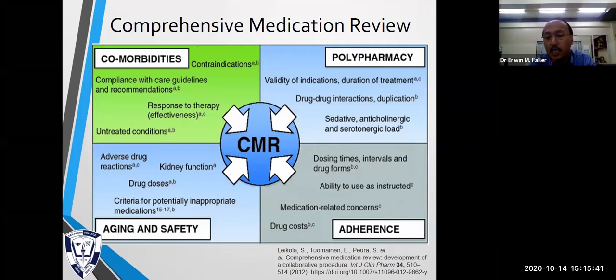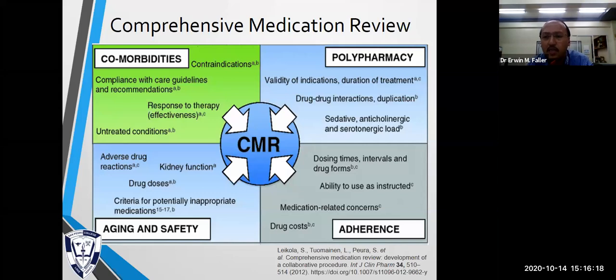Another one would be the ability to use as instructed. Some patients may have illiteracy in terms of taking a certain medication, especially inhalers and oral contraceptives. And maybe the patient will be complaining to your botica or your clinic that they may be pregnant, or that it is not giving therapeutic efficacy, or complaining about adverse effects because they are not aware or empowered as instructed.